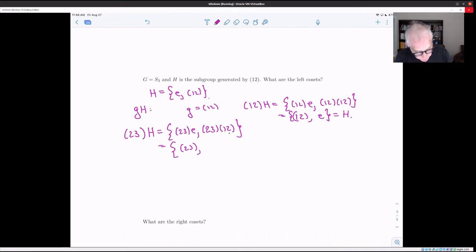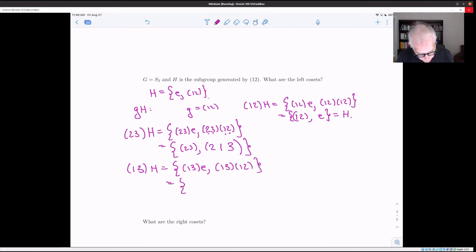So 2 goes to 1, 1 goes to 2, but 2 goes to 3, and then 3 goes to 2. And (1 3)H is (1 3)E, (1 3)(1 2), which is (1 3)E, 1 goes to 2, 2 goes to 1, goes to 3.